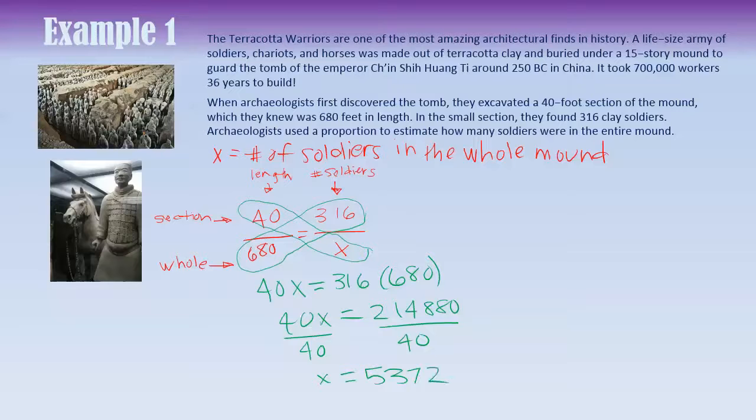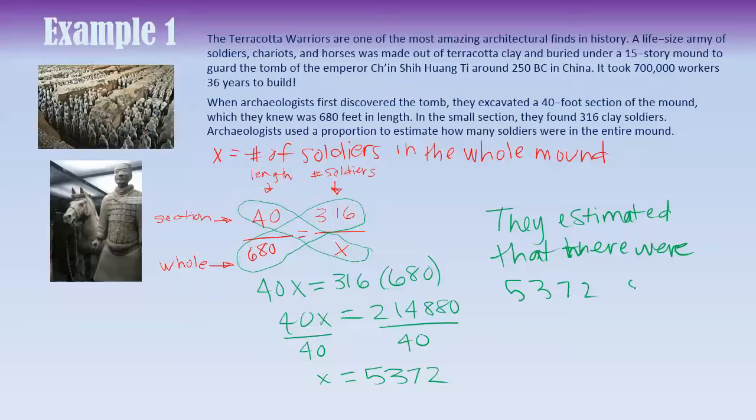So we know they estimated that there were 5,372 soldiers in the whole mound. Terrible writing, but that's okay.